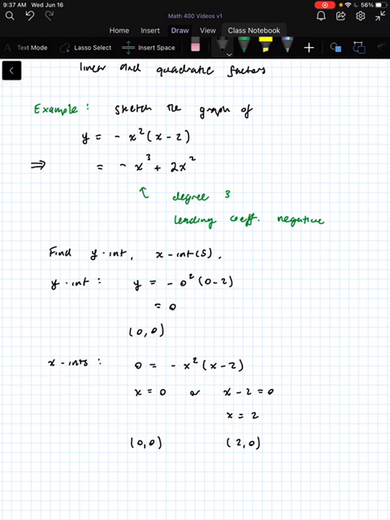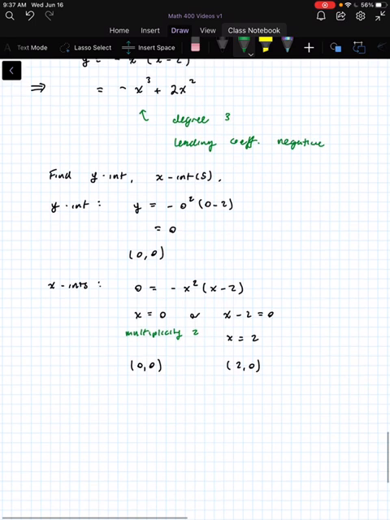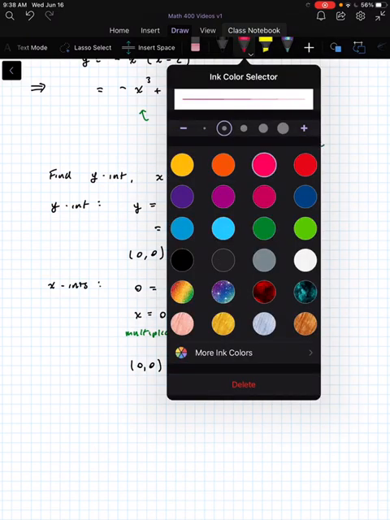And so that's our lead so far. The next thing we can do is think about the multiplicity, the power, on each x-intercept. Because x equals 0 has multiplicity 2, that's an even multiplicity, which means that's not going to be a straight-through crossing point.